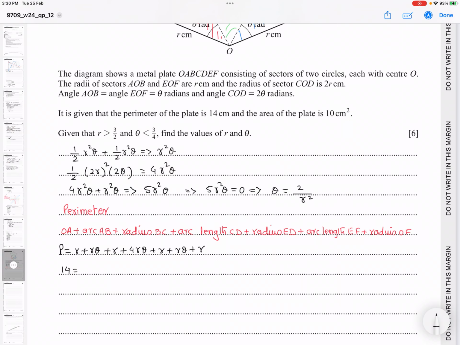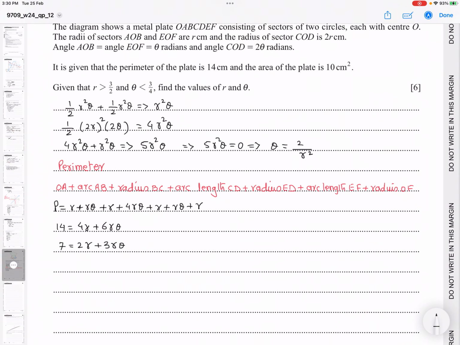So this becomes 4r plus 6r theta. Now divide it by 2 to make it more simple. So you can get 7 equals 2r plus 3r theta. Now put the value of theta which you just found out in the previous working when you were working with the area, and you wrote theta equals 2 over r square.